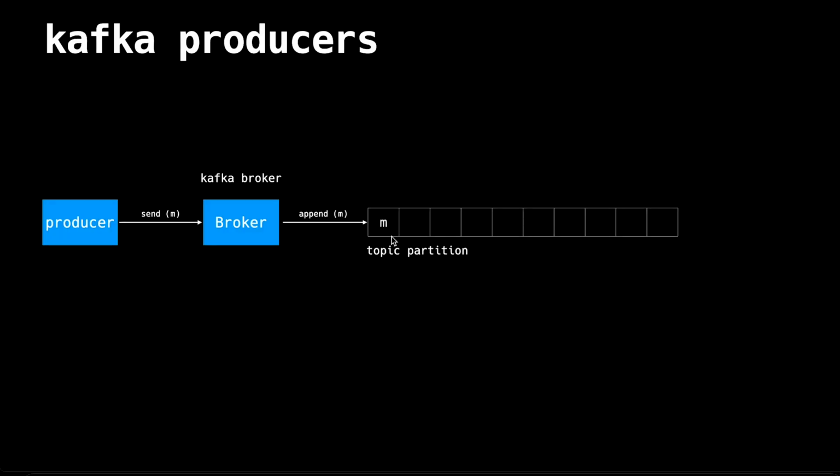So the producer is sending a message to the broker, and the broker is appending the message to a topic partition. Later on, when we look at scaling, we will be able to introduce more topic partitions as a unit of scale, and for fault tolerance, more partitions will appear across different brokers. But we'll come on to that slightly later.